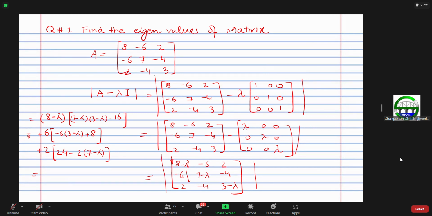We will equate it to 0 later, but right now, just get the most simplified equation.